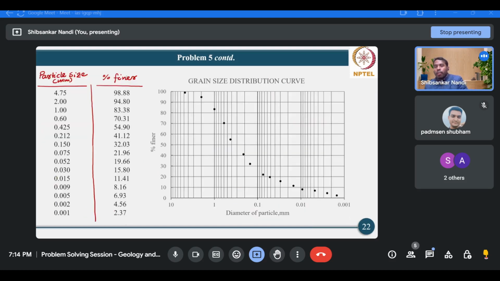So here I have put it as a whole. Up to this 0.075, you have got it from the sieve analysis, and this is the hydrometer part.